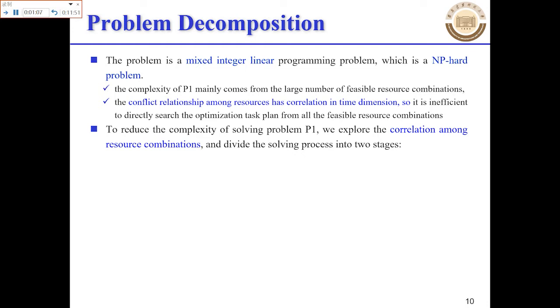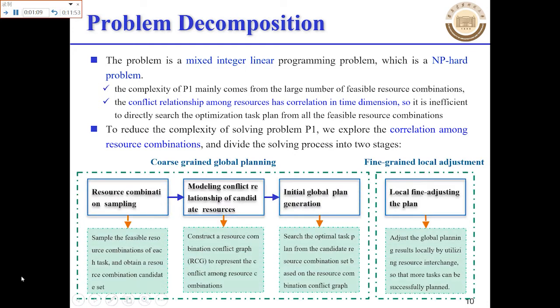The first stage is coarse-grained global planning. Its main idea is to sample the feasible resource combinations and obtain a candidate resource combination set, and then the optimal task plan can be searched from this set, thereby reducing the complexity of global optimization.